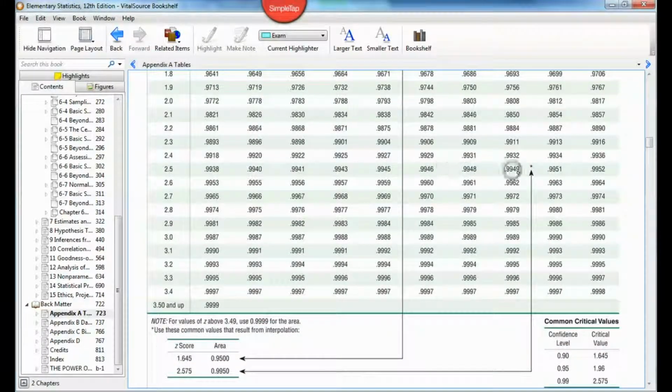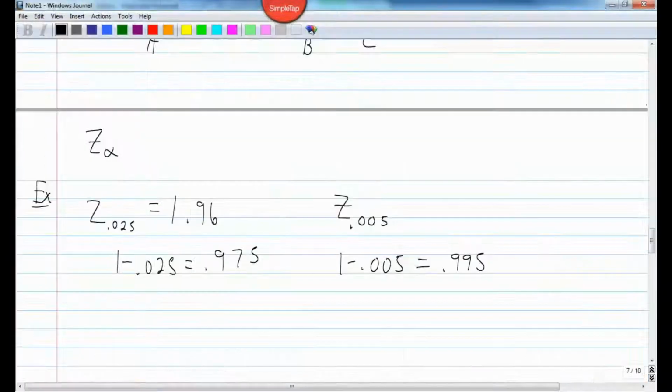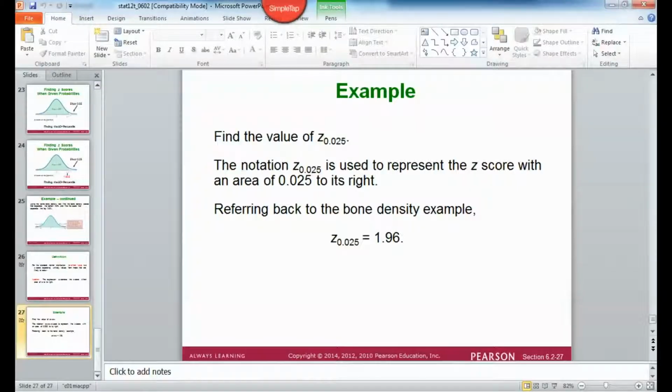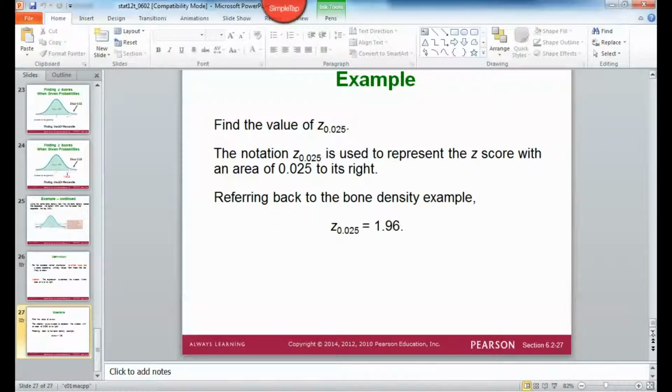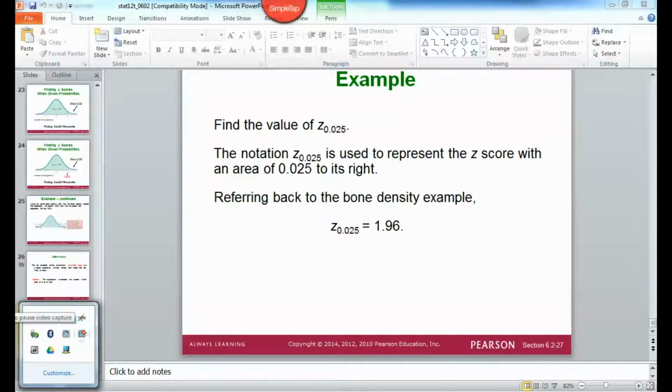And if you see right here, between 0.9949 and 0.9951, there's a star. The z-score is 2.575. Right, so that would be a z-score of 2.575. That is a special place there. That's a special critical number. What's the alpha? 0.005. Right, and that is the end of section 6.